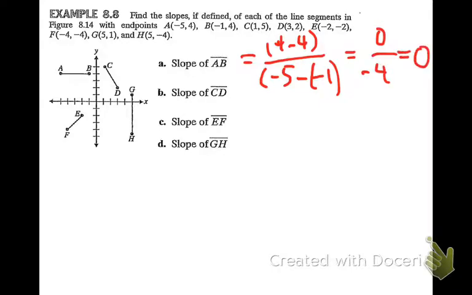The slope of AB is 0. So a horizontal line is going to have a 0 slope.